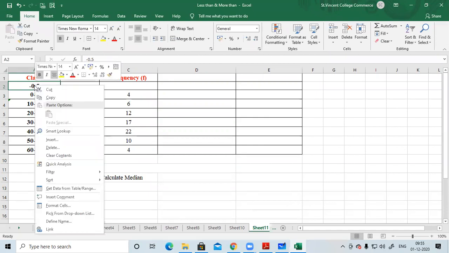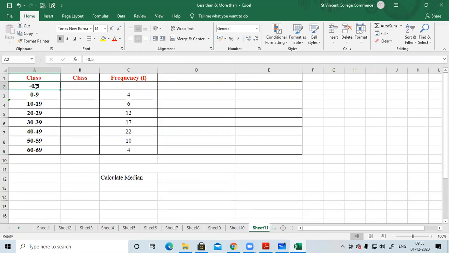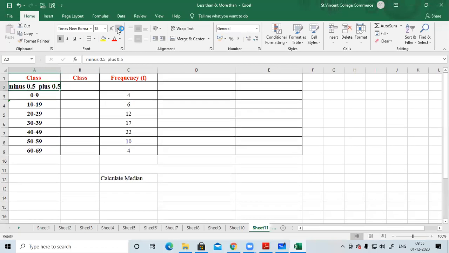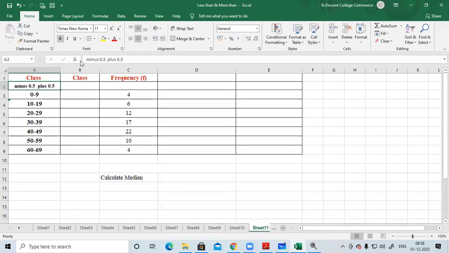This will not take the formula, children, because it goes into a formula mode in Excel. So I'll have to write it as minus 0.5 and plus 0.5. This is what you're supposed to do when you want to convert discontinuous into continuous.